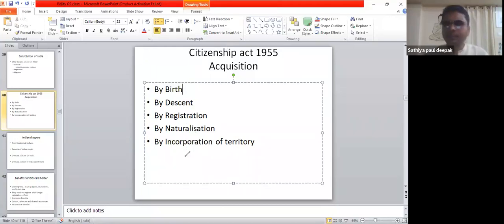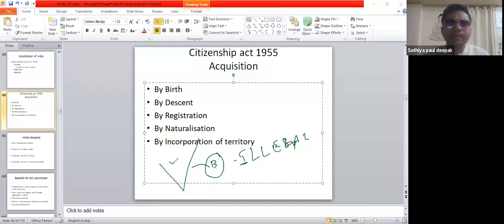Now let us discuss another scenario. Say a person from Bangladesh is coming into India as an illegal migrant, and a child C is born, because this person, imagine, is marrying an Indian woman.